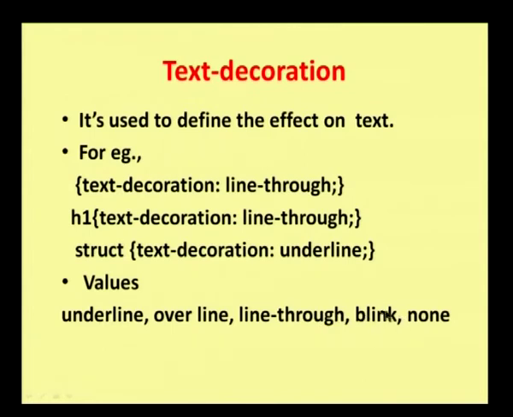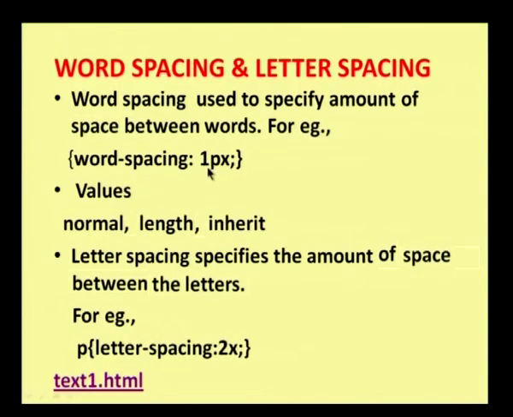The next properties for text are word spacing and letter spacing. Word spacing is the amount of space between the words, and since it is an amount of space, we generally define it with a point value, which is an integer value. Word spacing can take values like normal, length and inherit.